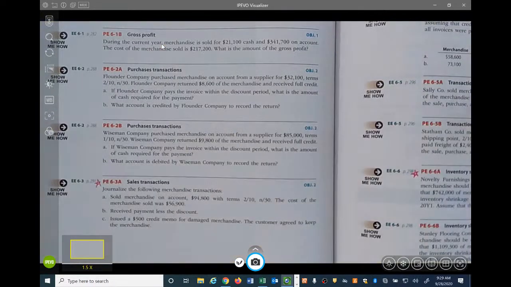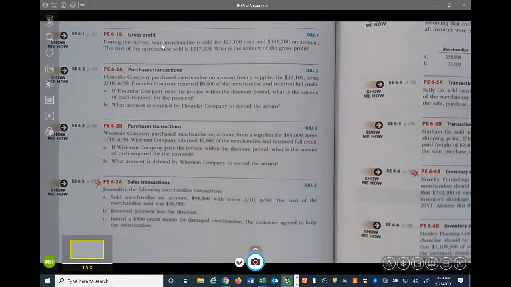Okay. What about C? It says we issued a $500 credit memo for damaged merchandise. The customer agreed to keep the merchandise. So what's the entry we need to do on that?